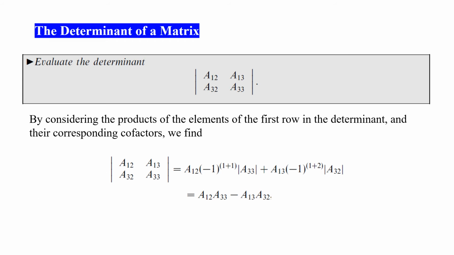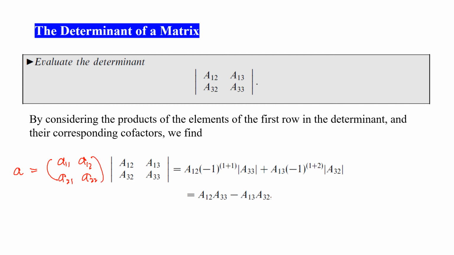But before that, let's say that your matrix A is equal to A11, A12, A21, and A22.